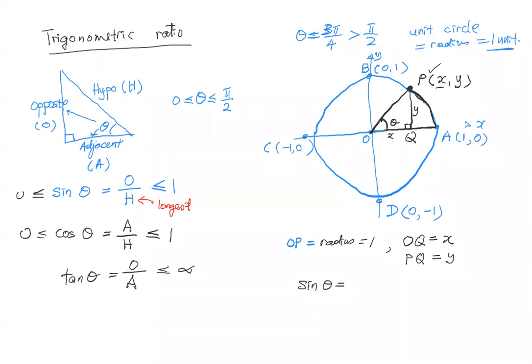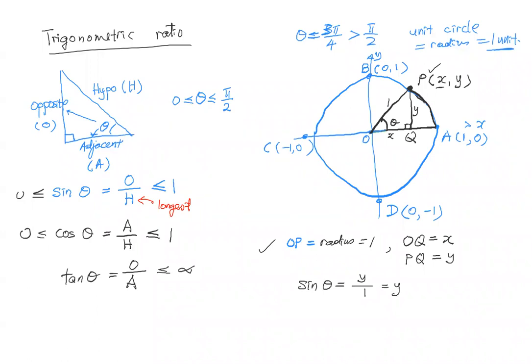So according to this situation, can you please tell me what divide by what? Y divided by x? Y is the opposite and x is the hypotenuse. Are you sure x is the hypotenuse? Y divided by 1. Yes, y divided by 1. So it's equal to y.